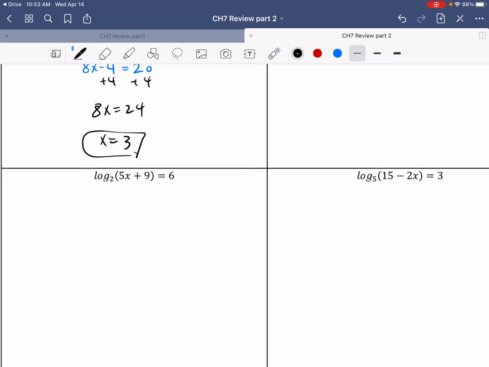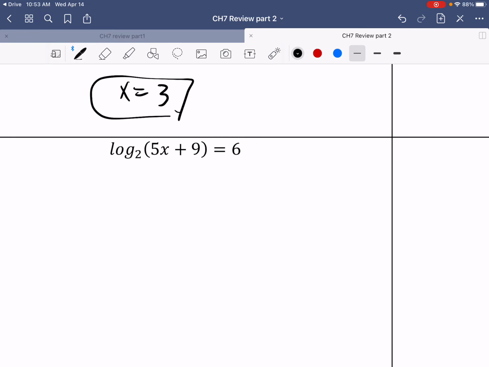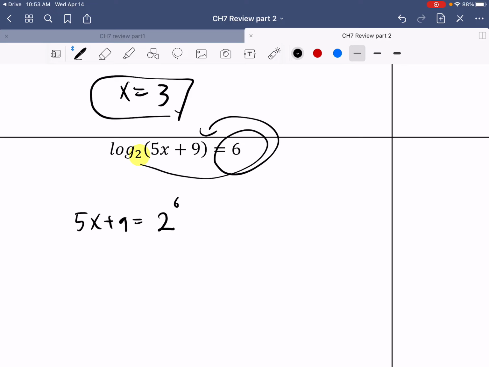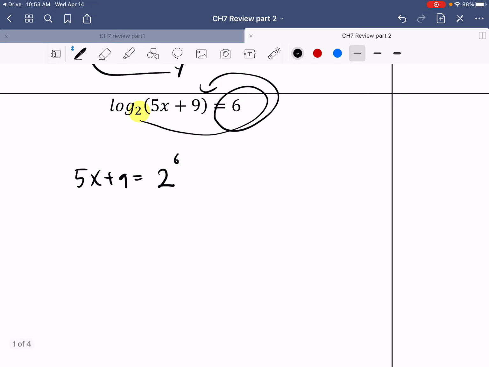Now, what about this question? I mean, we actually did it from the previous review. It's a beautiful curve, right? So 5x plus 9 equals 2 to the 6th power. Beautiful curve. So it turned out really beautiful here. So 5x plus 9 is equal to 2 to the 6th power, which is 64.